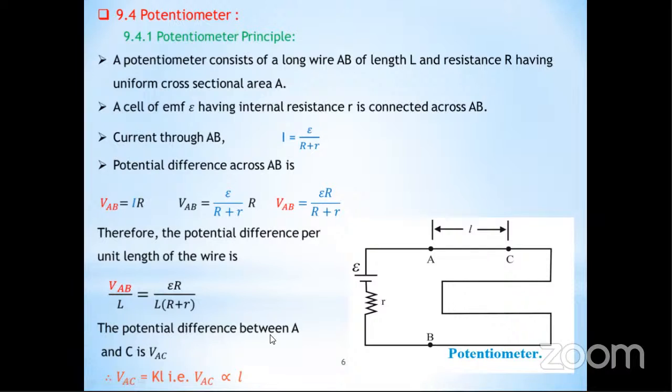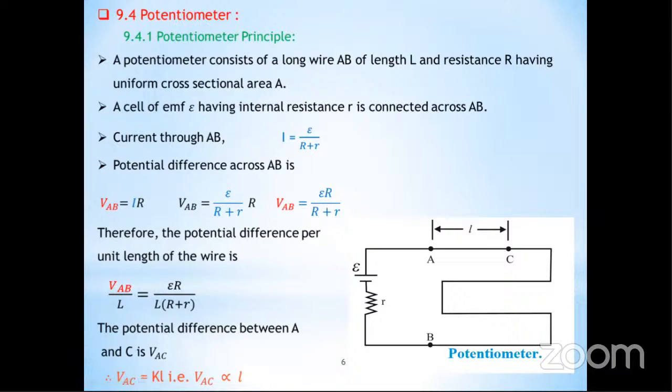Therefore the potential difference between A and C. Similarly, the potential difference between A and C, that means another shorter length we have taken from this A to B. This is the total length capital L. Again we take another point between A and B, called point C, and the distance between them is small l. Therefore VAC is equal to K l.